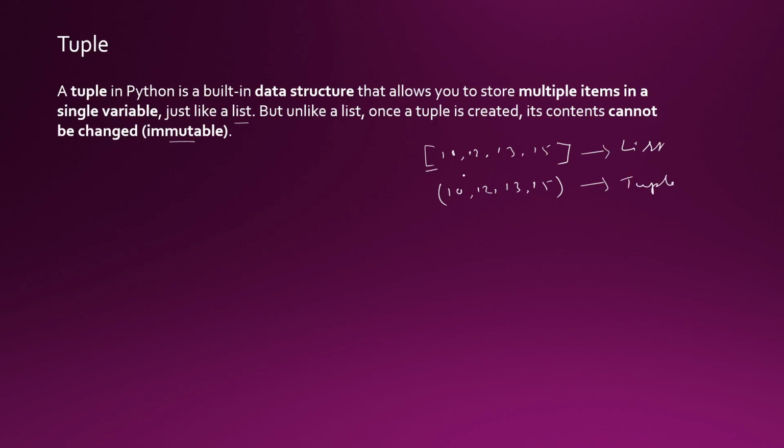So using square brackets we create a list, and using parentheses we can create a tuple. But the difference is this is mutable and this is immutable. That means in this list we can change, modify, add, remove any value, but we cannot change or modify any value of this tuple. So this is the basic difference between lists and tuples.